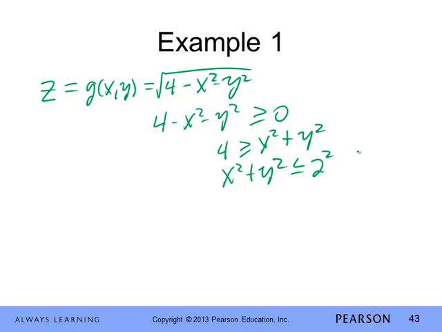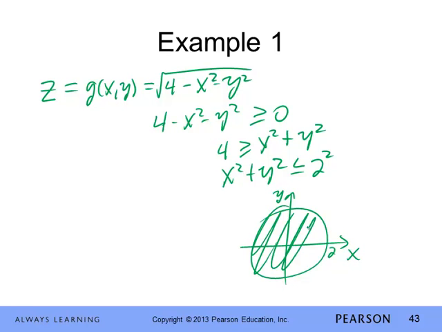So we're talking about a disk on the xy plane of radius 2. So that would be the domain of that function. Does that make sense? As long as you are on that disk or even on the boundary, then you're in the domain.